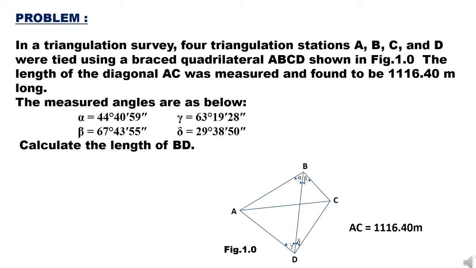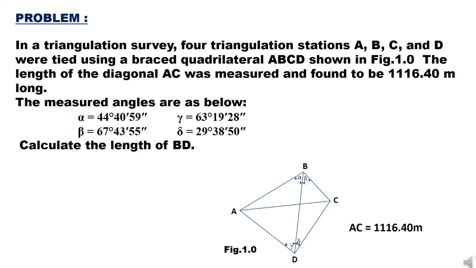In a triangulation survey, four triangulation stations A, B, C and D were tied using a braced quadrilateral ABCD shown in figure 1.0. The length of the diagonal AC was measured and found to be 1116.40 meter long.